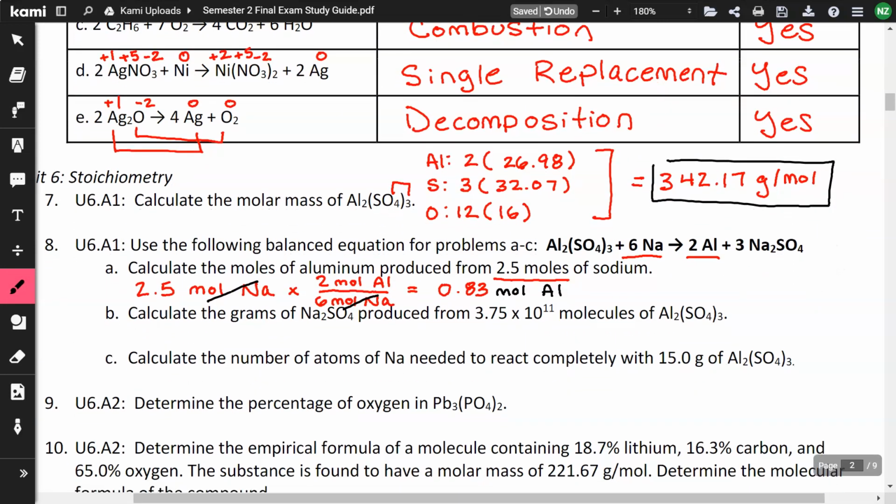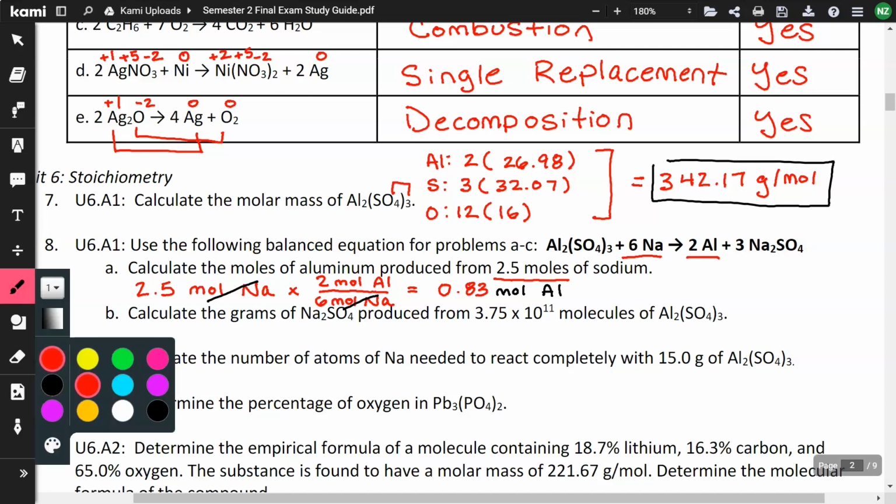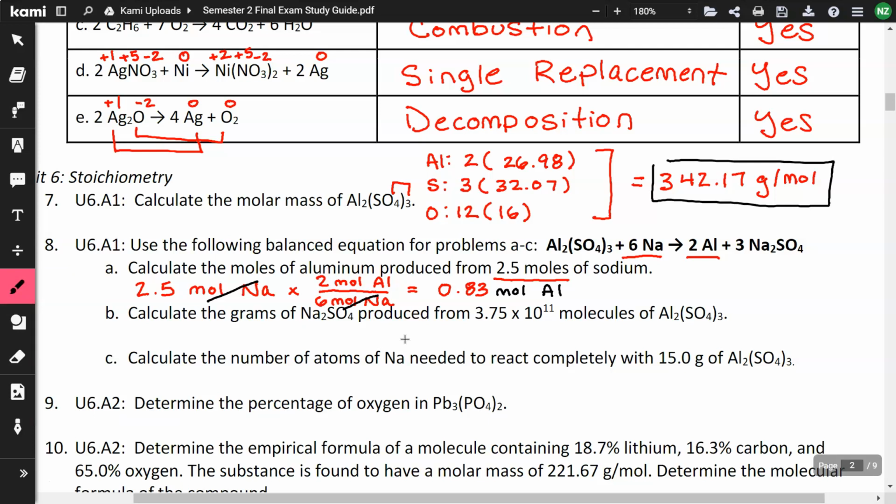Okay, calculate the grams. All right, this one's going to be a little more complicated. So we start with our given number. Our given number is 3.75 times 10 to the 11th molecules of Al2SO4.